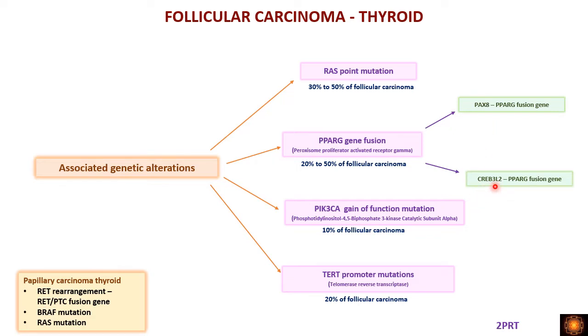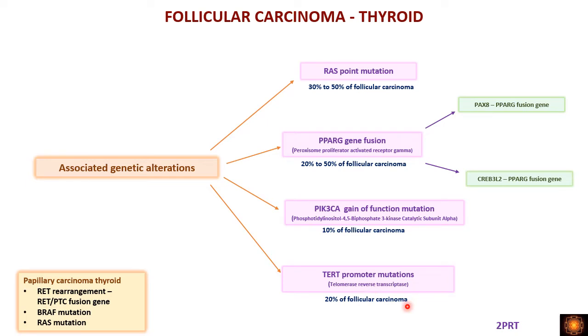These fusion genes contribute to about 20% to 50% of follicular carcinoma. Next is the PIK3CA gain of function mutation. This contributes about 10% of cases. And the next is the telomerase reverse transcriptase promoter mutations. This contributes to about 20% of follicular carcinoma cases.